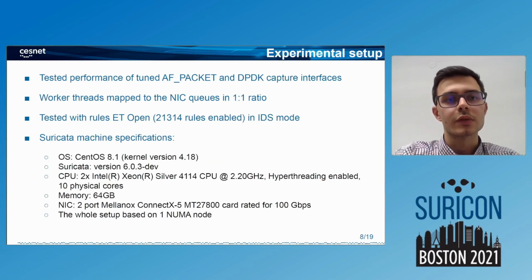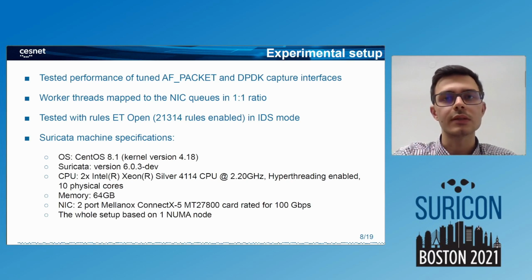Before I show you the results of the experiments, here is the experimental setup, and in the next slide will be the test bed of how the servers were connected. Now, the DPDK capture interface was tested against a tuned AF_PACKET to give some baseline for the tests.